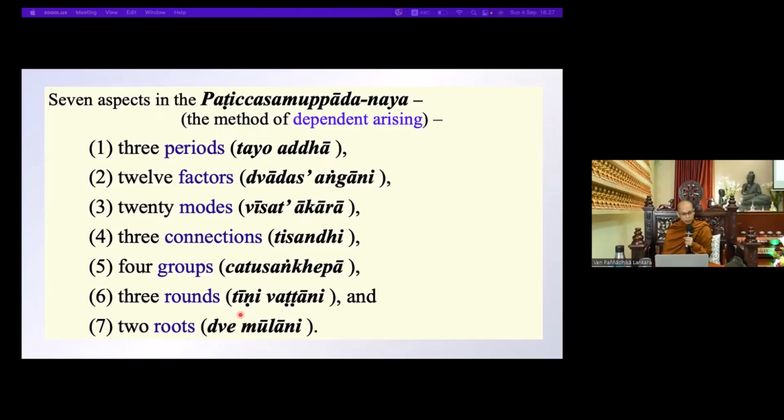These 7 groups will be explained in the Paticcasamuppada. Before analyzing the specific factors, I would like to explain these 7 groups.